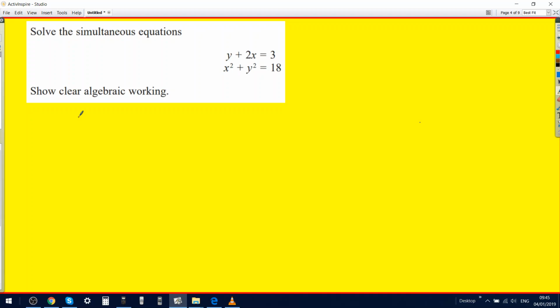Okay, why would you do that? So it would be easier if on the top one you made it either y equals or x equals. Yeah. And then what could you do?